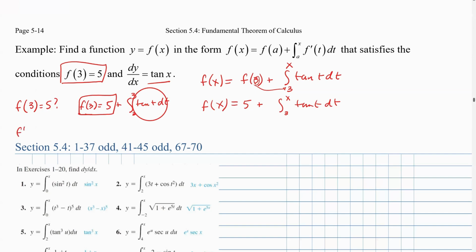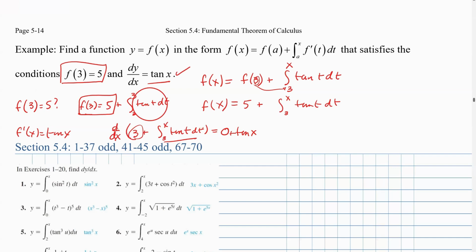Is it true that f prime of x is equal to tan x? Let me take the derivative of 5 plus the integral from 3 to x of tangent t dt. Now, the fundamental theorem of calculus part 1 says the derivative of 5 is 0, and the derivative of that integral is tangent x, just like I needed it to be.